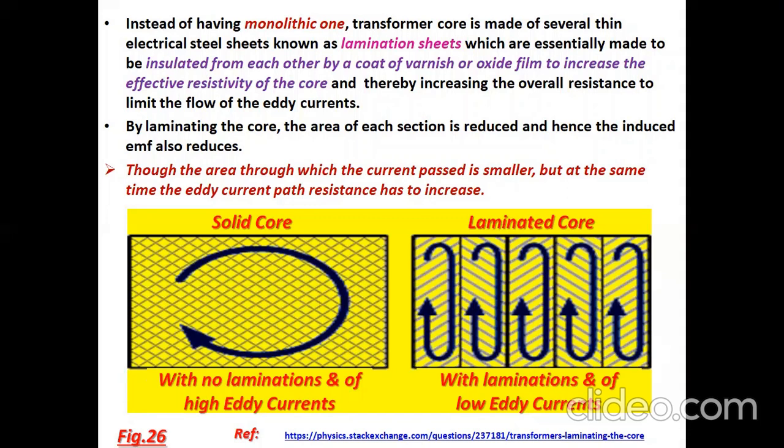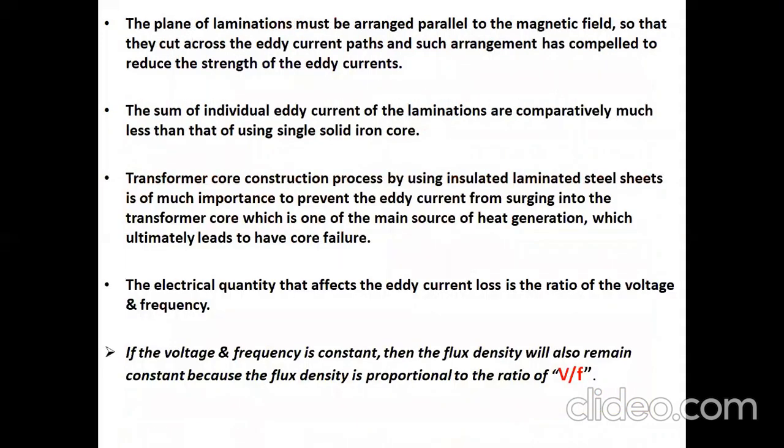See the solid core with no laminations, of high eddy currents, and the laminated core with laminations, of low eddy currents. The planes of laminations must be arranged parallel to the magnetic field so that they cut across the eddy current paths, and such an arrangement reduces the strength of the eddy currents.